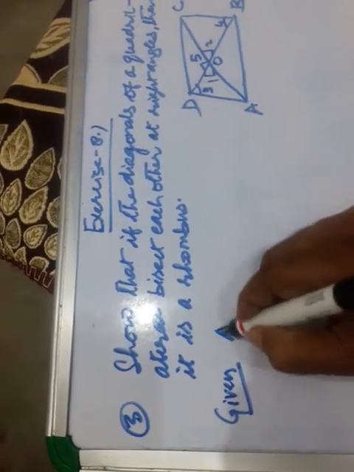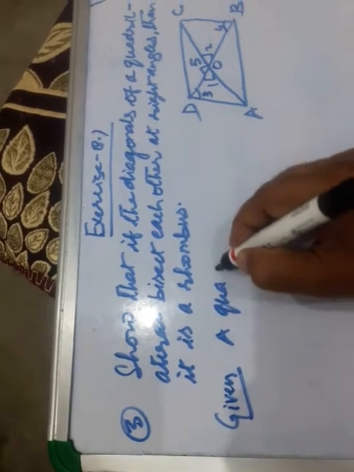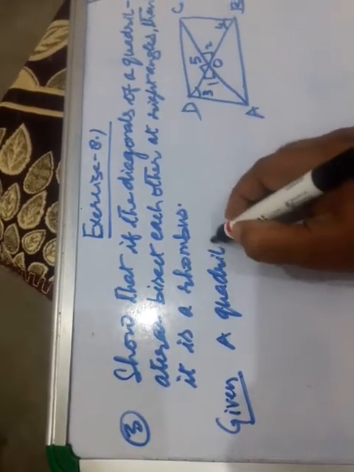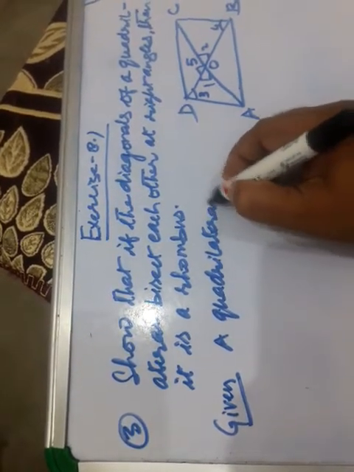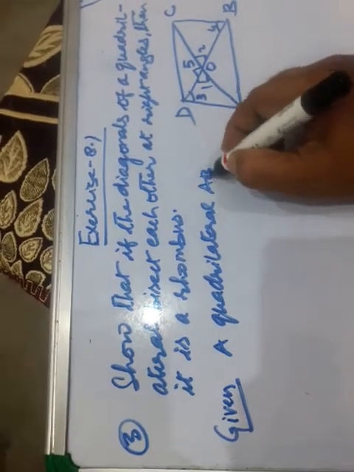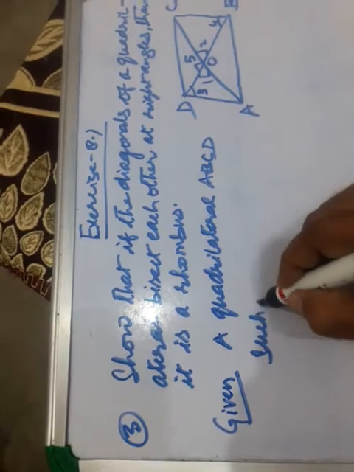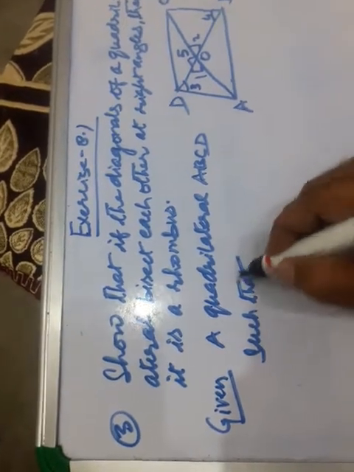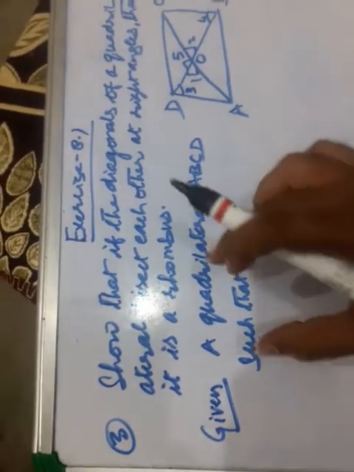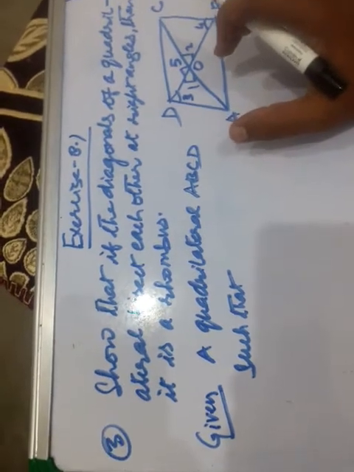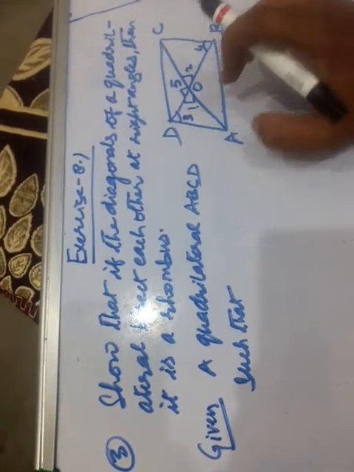Given a quadrilateral ABCD such that the diagonals bisect each other.